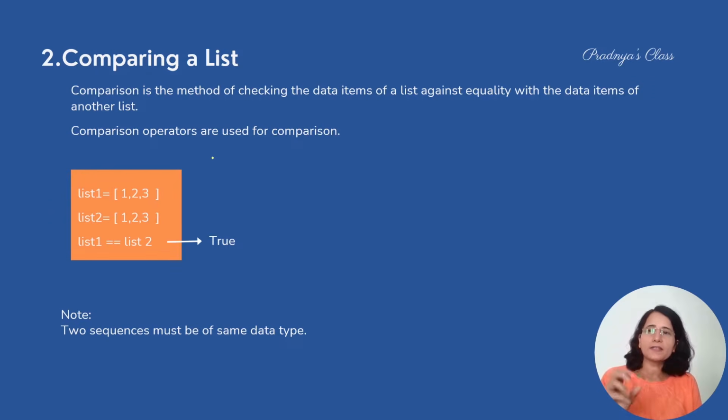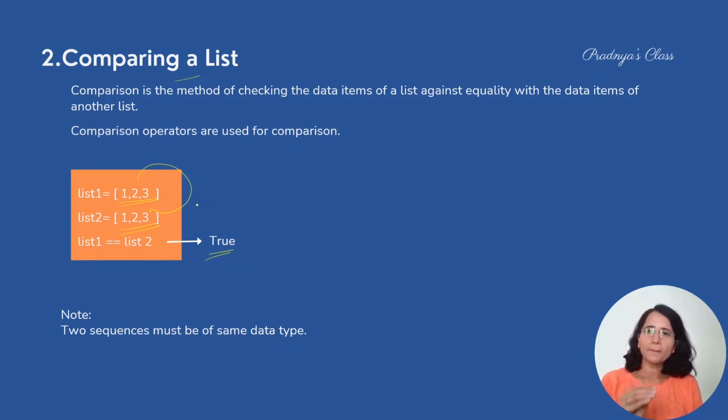Now let's discuss how we can compare a list. Comparison means we are comparing the elements of one list with the elements of another list. If both the elements are equal, then only we will get the answer true, otherwise we will get false. We use all the comparison operators for comparing lists.